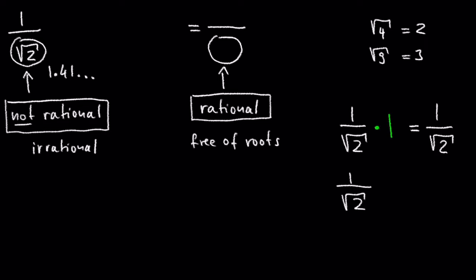So instead of multiplying the expression by 1, we could also multiply it by the square root of 2 over the square root of 2, right? This is because the square root of 2 over the square root of 2 is also 1. So you're not actually changing the value of the expression.